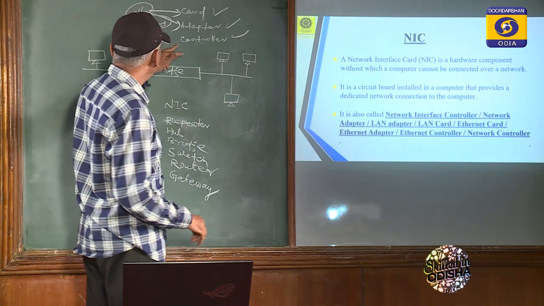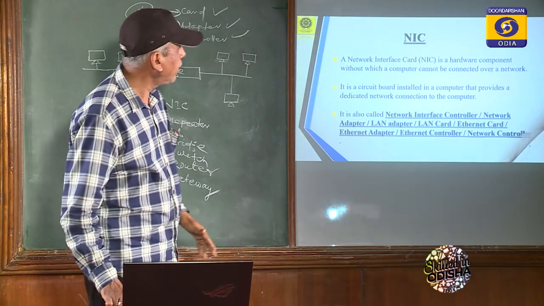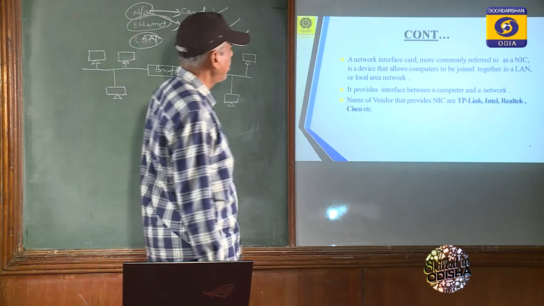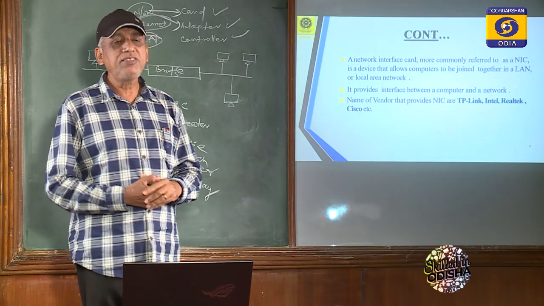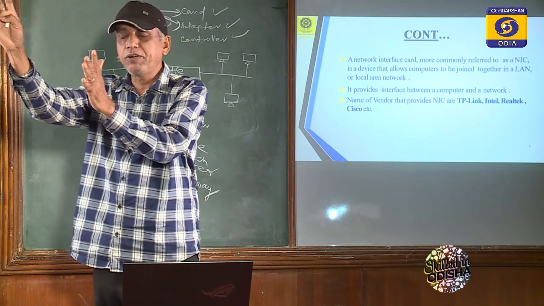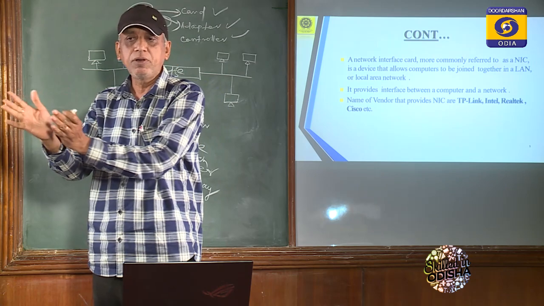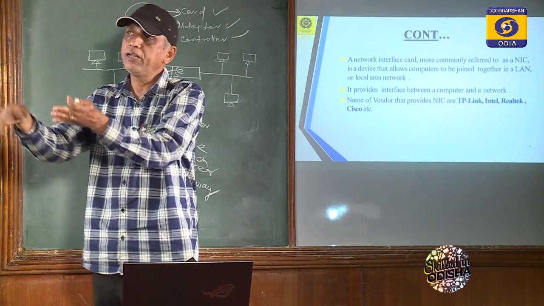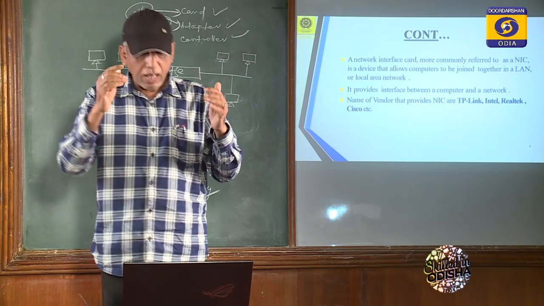Now, coming to our network, the NIC provides the interfacing between the machine and the network. I have told you that network means a single system or more than one system, or it may be the internet.